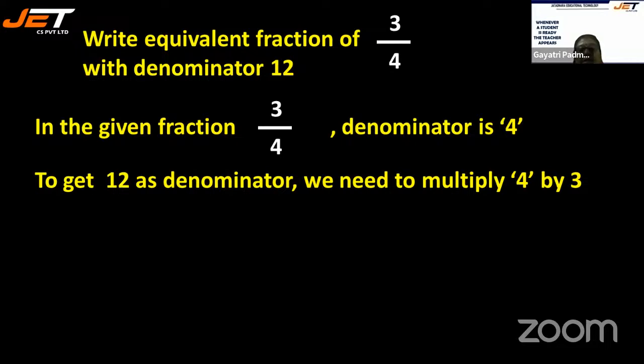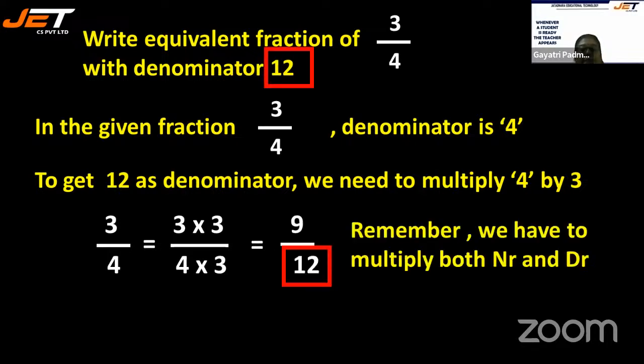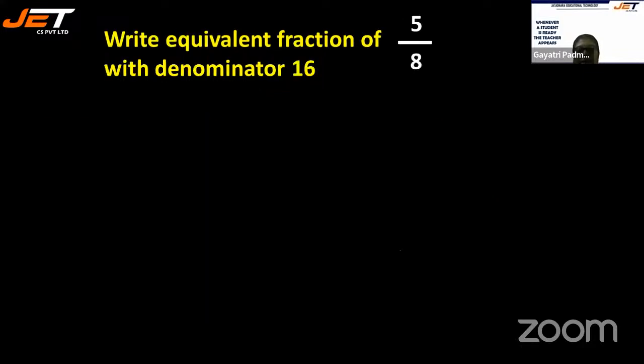To get 12 as denominator, we need to multiply 4 by 3. So you get 3 by 4 into 3 by 3. Now it becomes 9 by 12. Remember, we have to multiply both numerator and denominator.